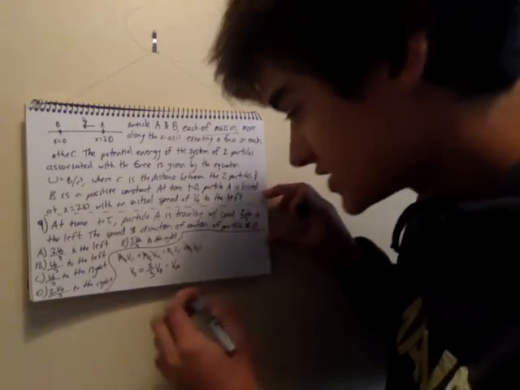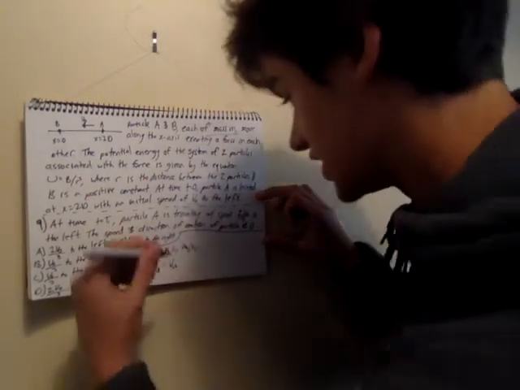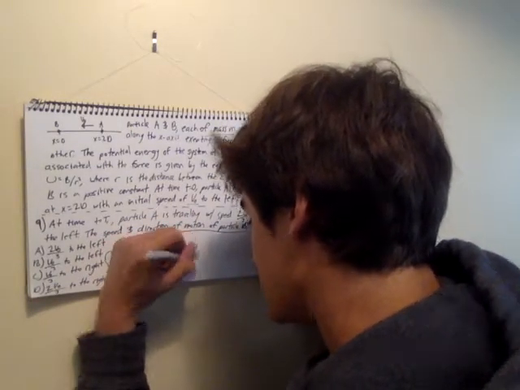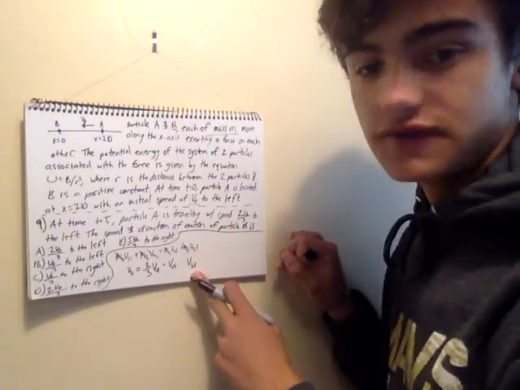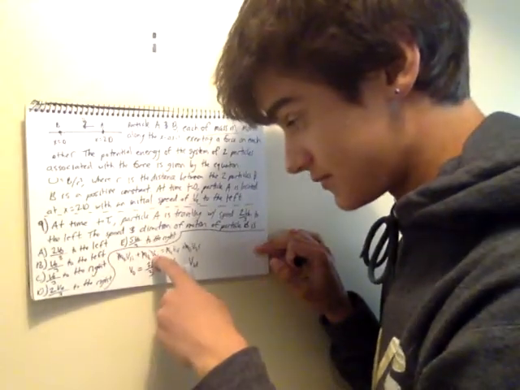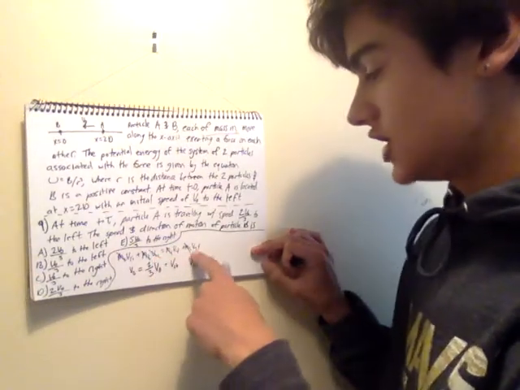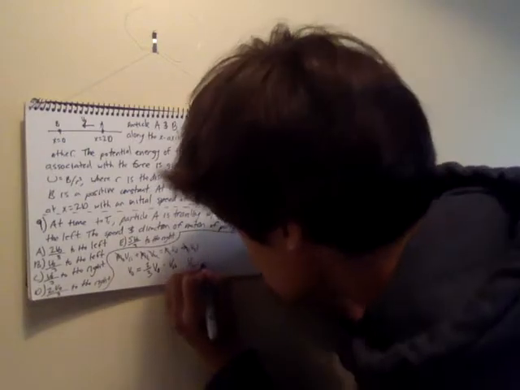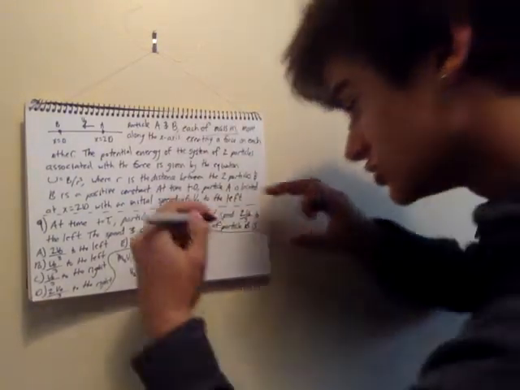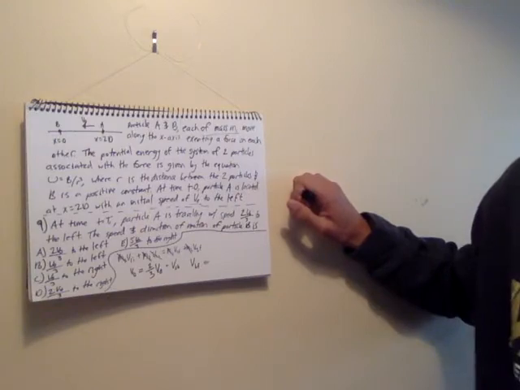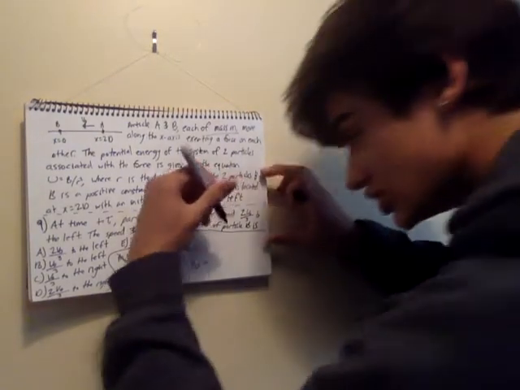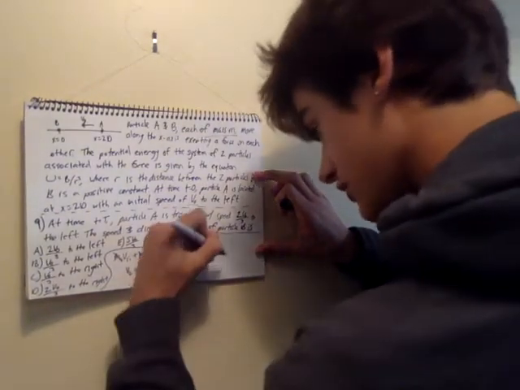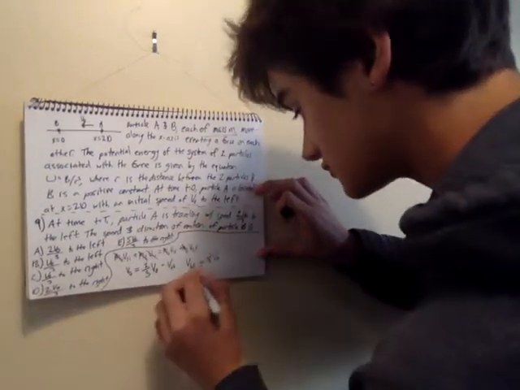We can subtract 2/3 of v naught from each side, and we're going to get the final velocity of particle B. So velocity of particle B final, which I wrote as velocity 2 here and here by accident, but it's going to be the velocity of particle B at the end, is equal to 1/3, because we're taking the whole and we're subtracting 2/3, 1/3 of v naught.